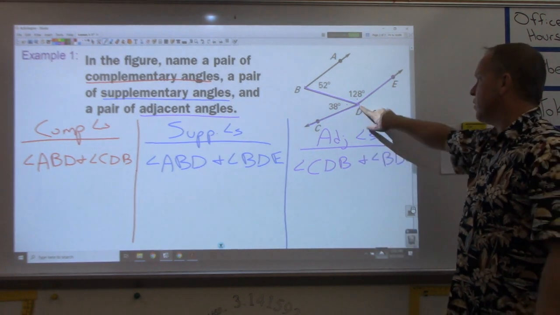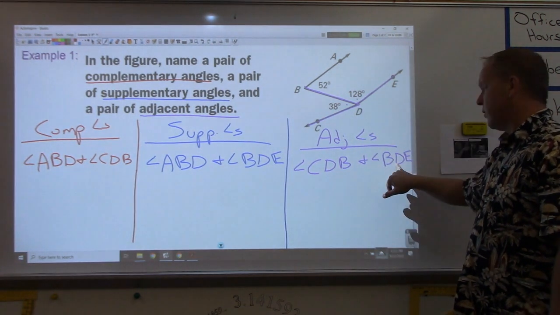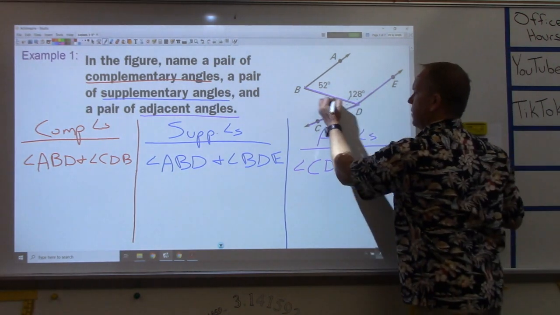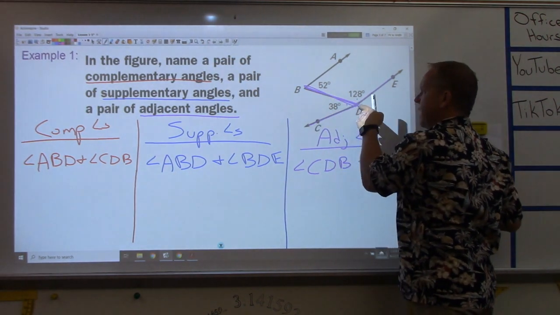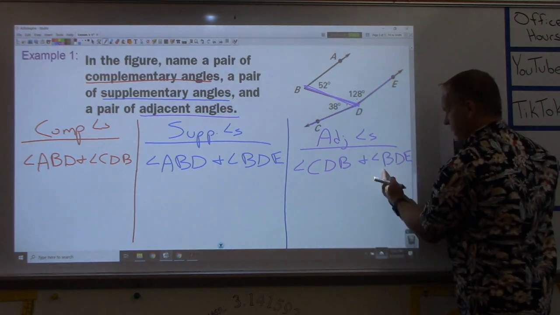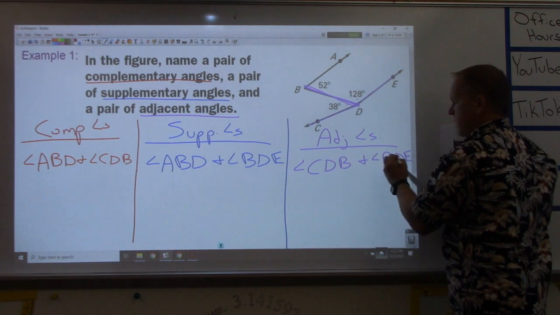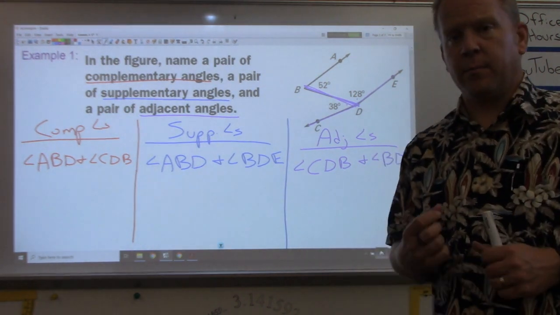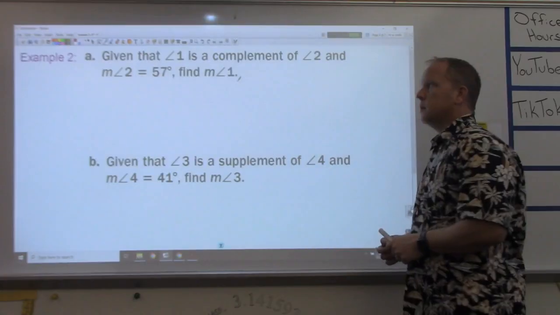Adjacent angles share a vertex. The vertex is the middle letter, so that should be the same. Also, since they share a side, look at this side they share right here. That is side DB. DB, DB. So they should have two letters that are the same in their name as well, with the middle letter being exactly the same, because that is the vertex.